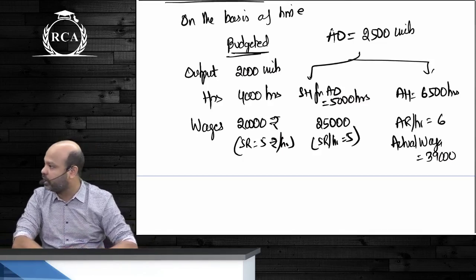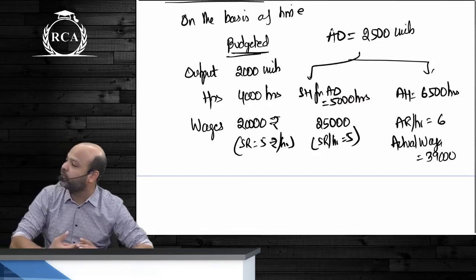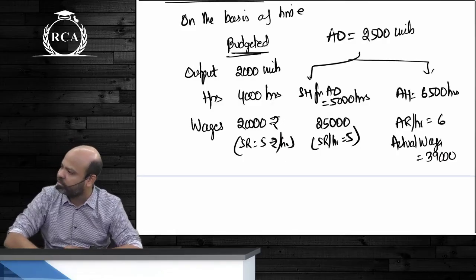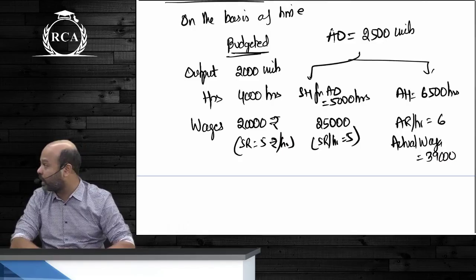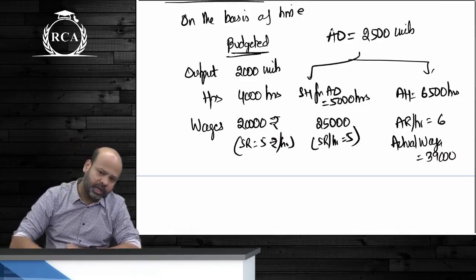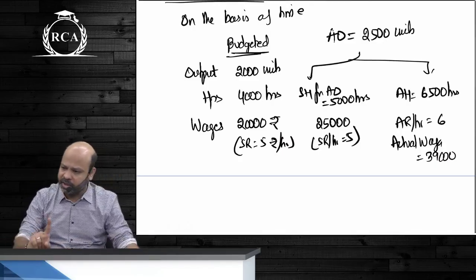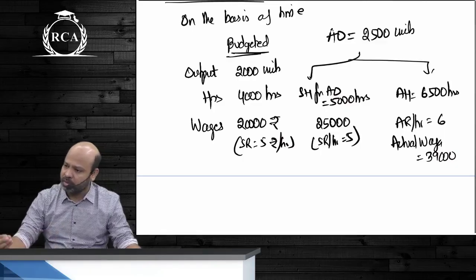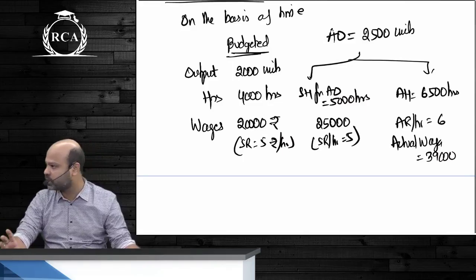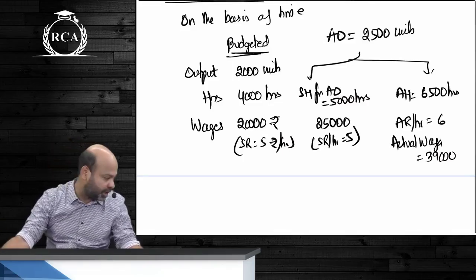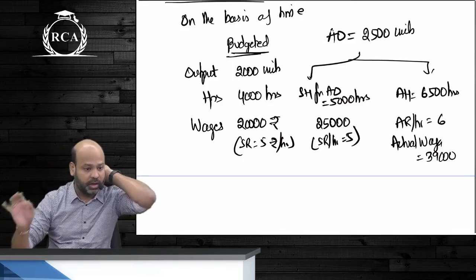Are we clear? How much is the efficiency variance in terms of number of hours? Is it adverse or favorable? They should have taken 5,000 hours, but they actually took more. Understand one set of variances and the rest you will be able to compute. The terminology will change, the end concept does not change. So the adverse number of hours here is 1,500.